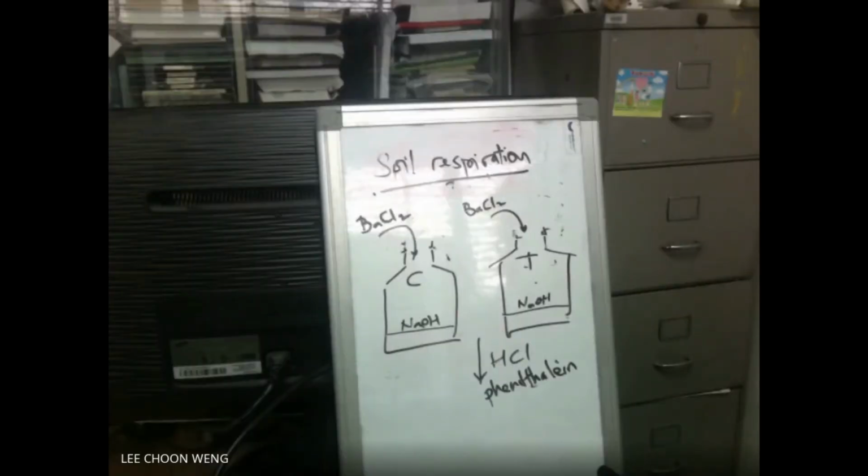So the pH will also decrease, so that the control tube will have a higher pH level, so it needs more HCl to change the phenolphthalein color. Very good. Does everyone agree?